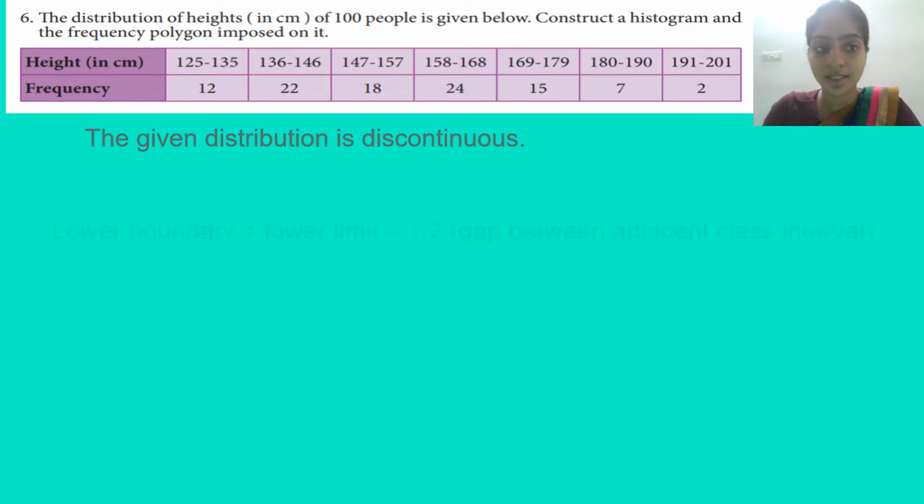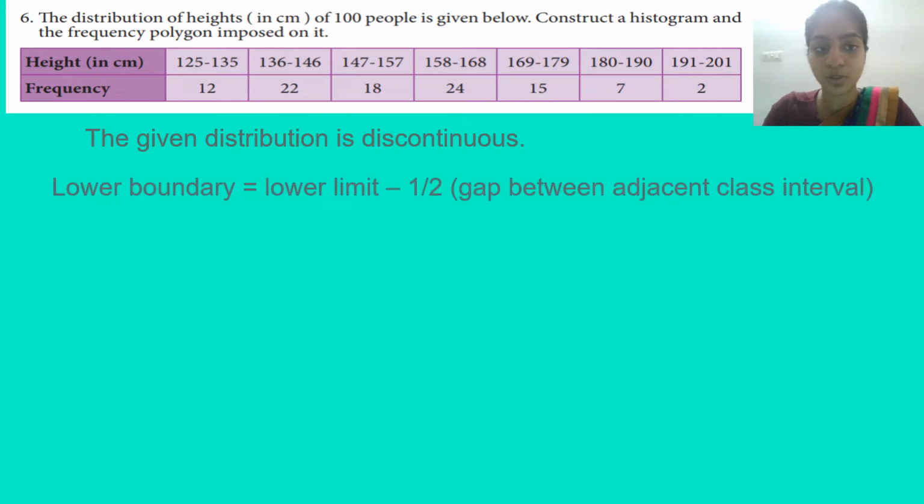To make it continuous, we must find the lower boundary and the upper boundary for each class interval. For the lower boundary, the formula is lower limit minus half into the gap between adjacent class intervals. Here the lower limit is 125 and the gap between adjacent class intervals is 1. So 125 minus half into 1 will be 124.5.